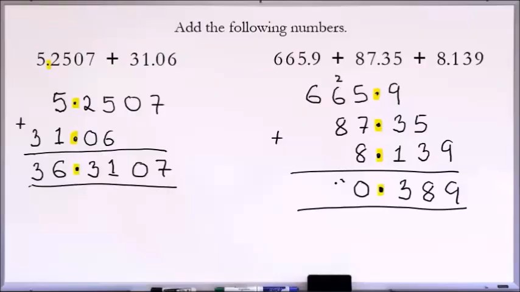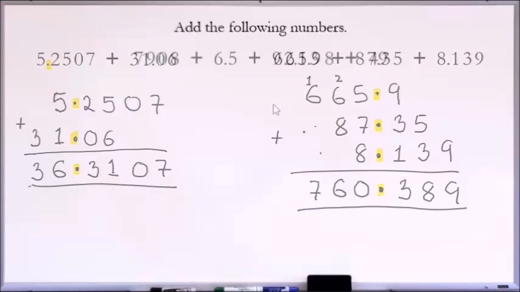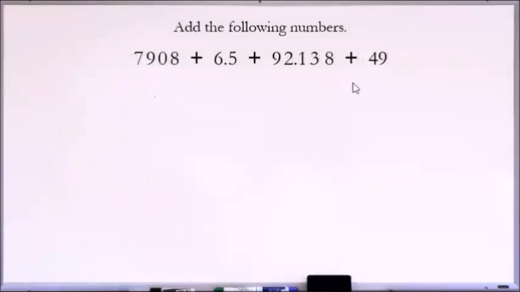So we put a 6 down and add a 1 to the 6. 1 to the 6 will give us what? A 7. 7 plus nothing, and plus nothing will remain a 7. So we have 760.389. Beautiful.